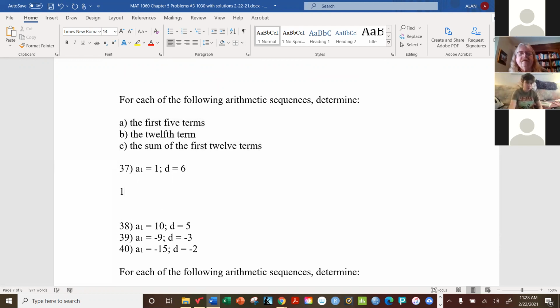Why don't we just start writing it out and see what it looks like. All right, so let's see. I've started with 1 and I've added 6.